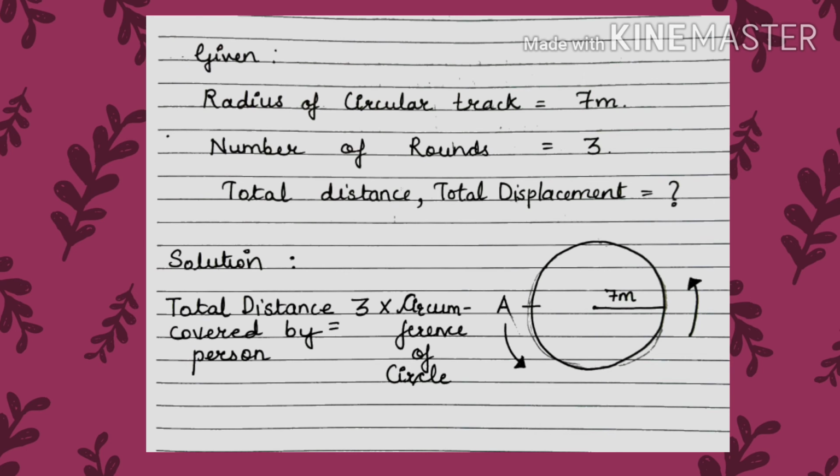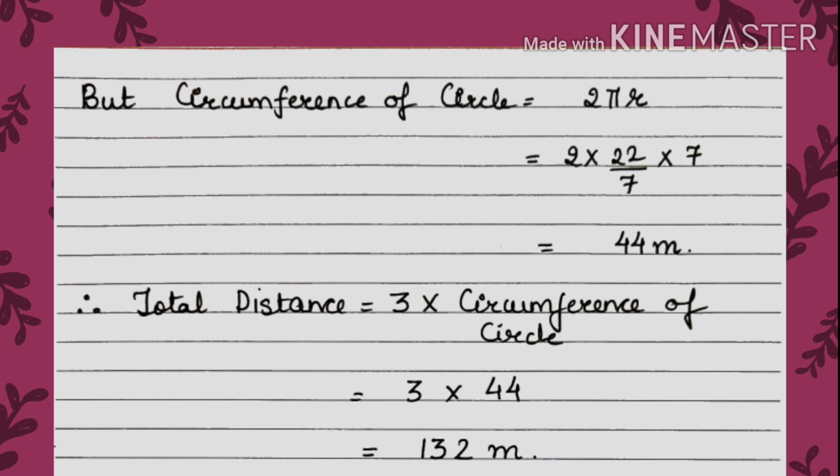Now next we will find the circumference of the circle. You have already studied in your earlier classes the formula for the circumference of the circle. It is 2 pi r, which is equal to 2 multiplied by 22 by 7, which is the value of pi, multiplied by 7, which is the radius, which is equal to 44 meters. 44 meters is the circumference of the circle.